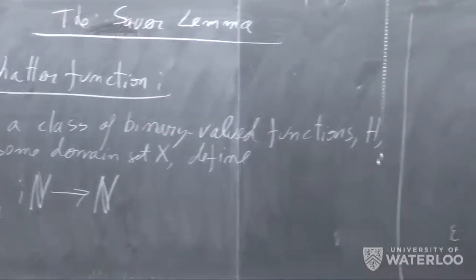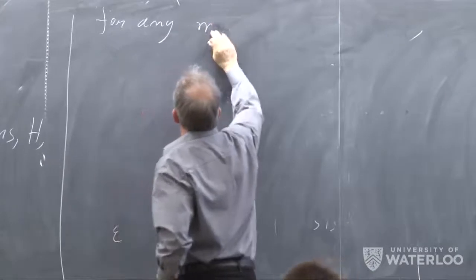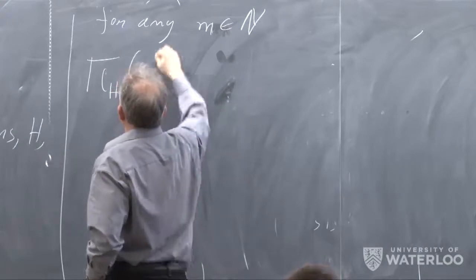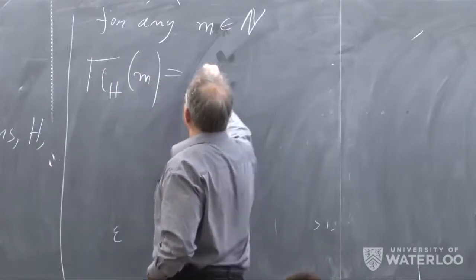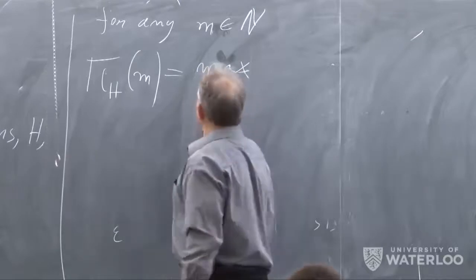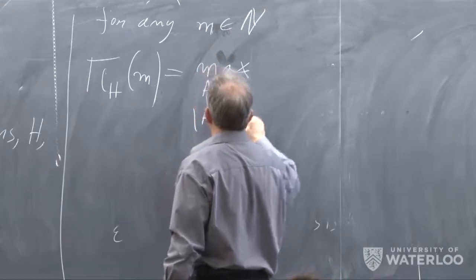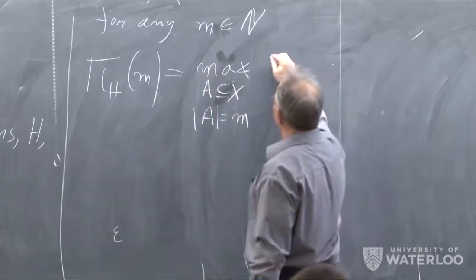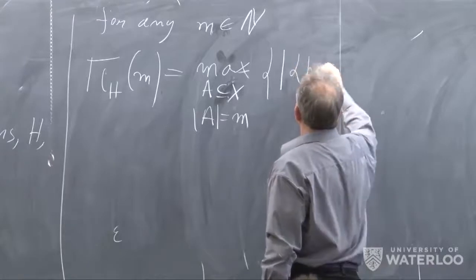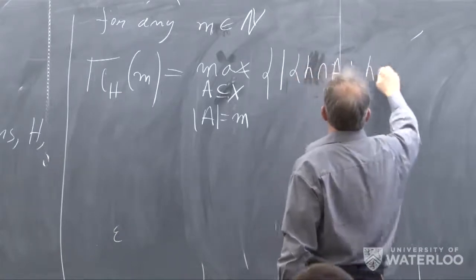So for any number m, pi H of m is the maximum over all subsets A of X such that the size of A is m, the maximum of the size of the set of all H intersection A such that H is in H.